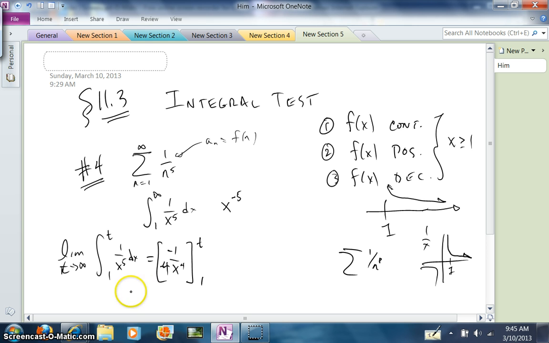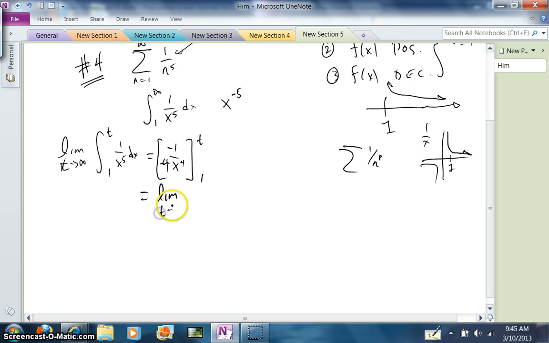So then we have a limit as t goes to infinity of, when I put t in, I get negative 1 over 4t to the 4th, and then I get minus negative 1 over 4.